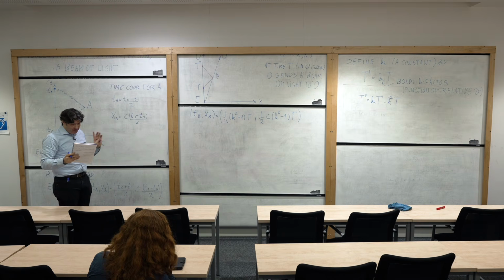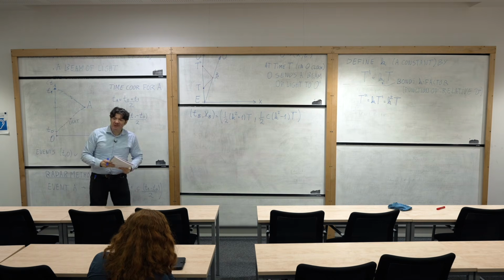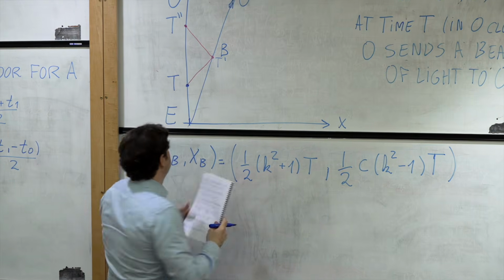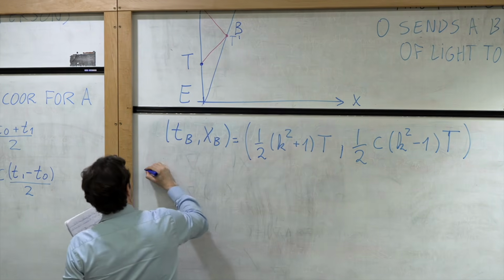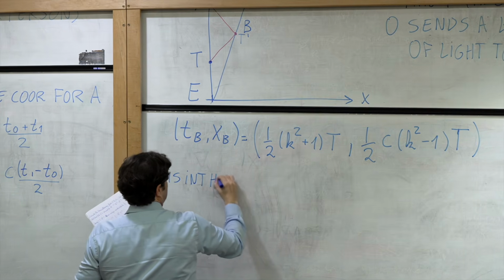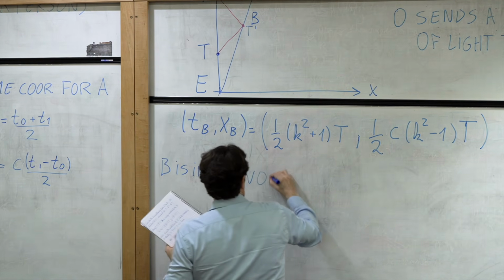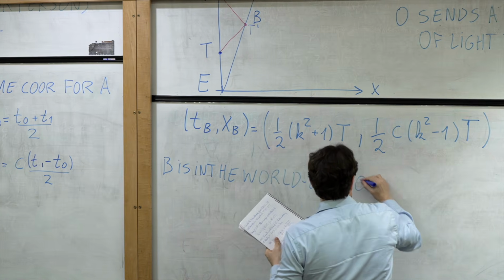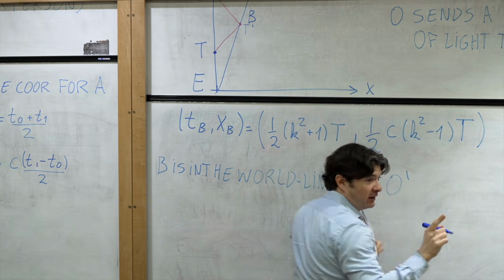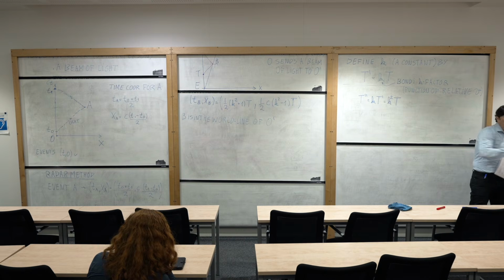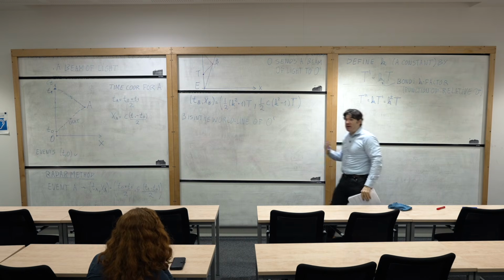But now we have something very cool, because we know that B is in the world line of O prime. And a bit related to your question, we know that O prime is moving with respect to O at the speed v.